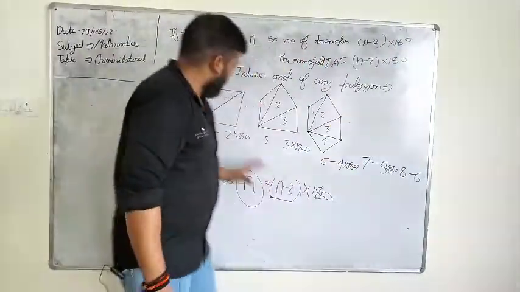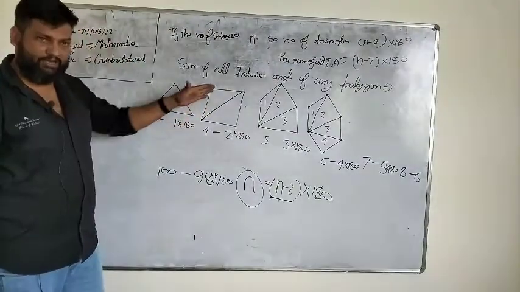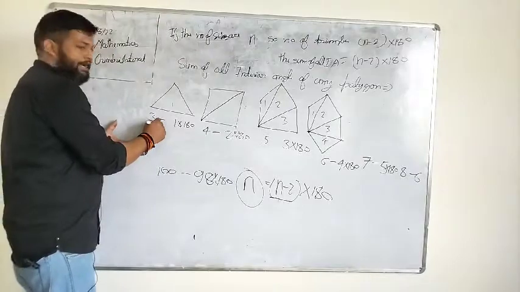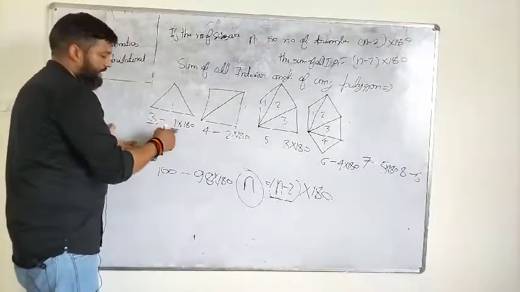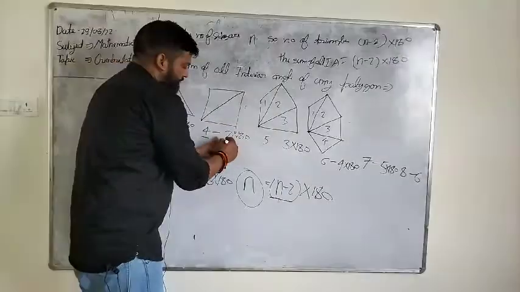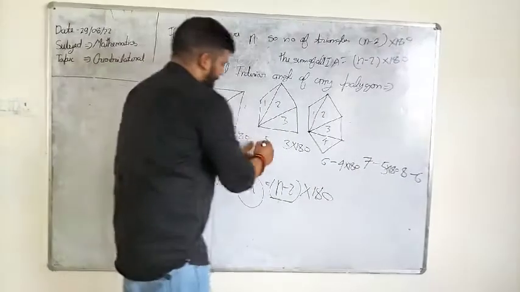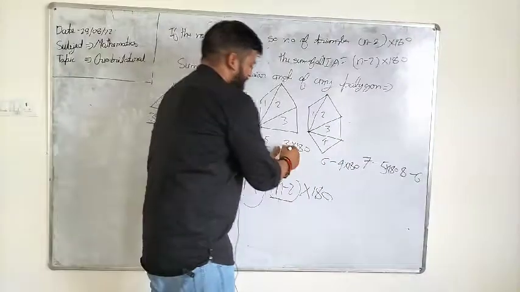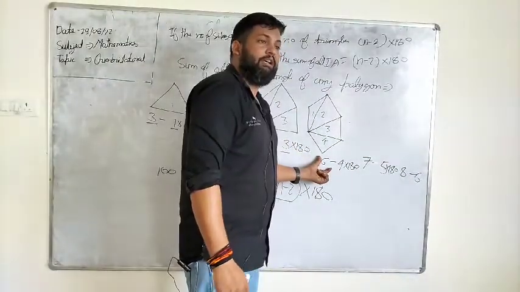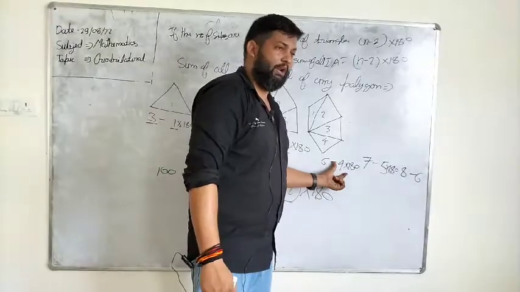Then you join diagonals. Now you show that if the number of sides is 3, the number of triangles is 1. If the sides are 4, the number of triangles is 2. If the sides are 5, the number of triangles is 3. When the sides are 6, the number of triangles is 4.